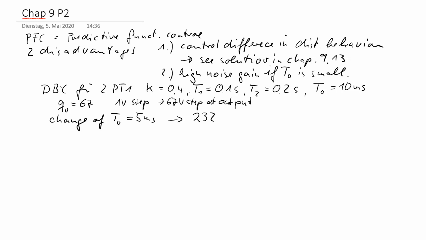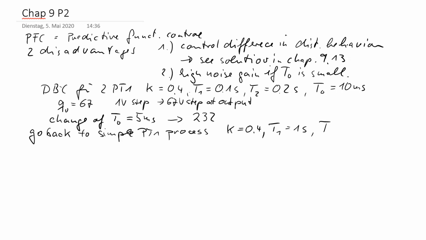Okay, look into the theory. In our example, we go back to a simple PT1 process, to come slowly to the theory. In the simple PT1 process used in previous examples, we have the same K, but a time constant T1 of 1 second, and we have worked with a 100 millisecond sampling time.